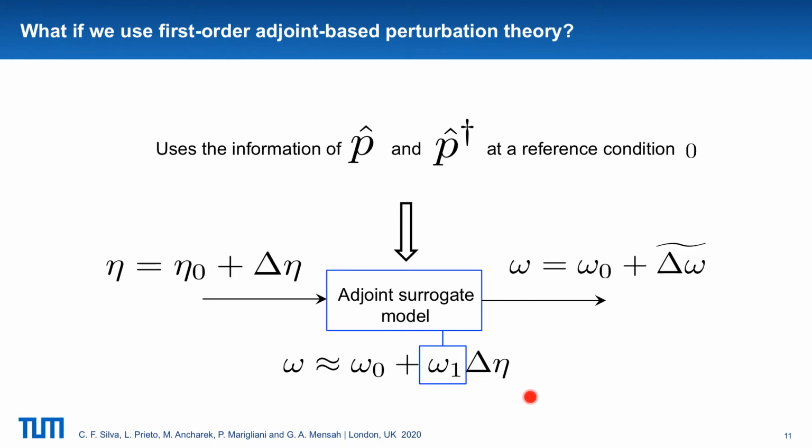The adjoint surrogate model is just this very simple equation: you have the nominal value plus a corresponding sensitivity. Additionally, we need the direct and the adjoint eigenmodes at the reference condition to obtain the surrogate model.